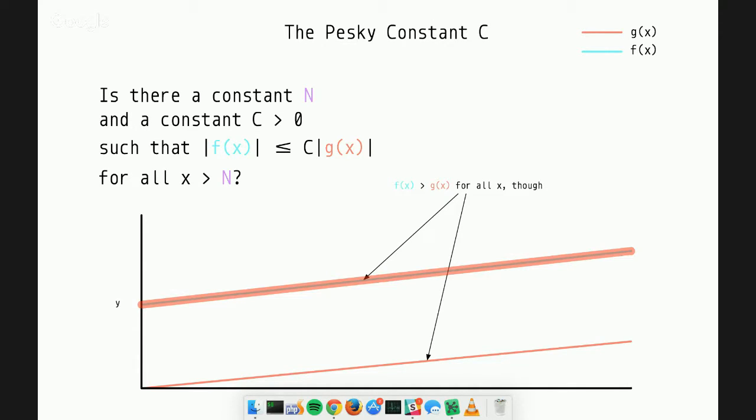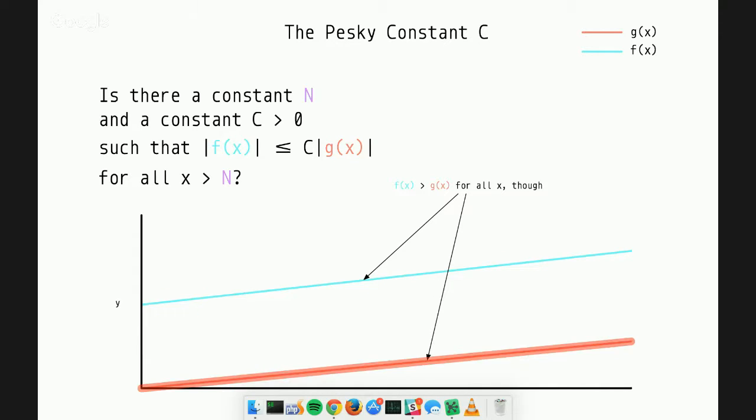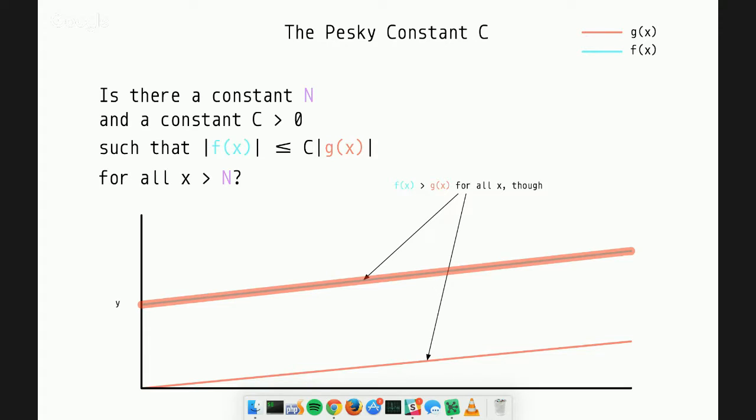But we still want to show that f of x is big O of g of x. But there's no point where these things cross that we can say, okay, f of x is less than g of x for all x past this point. It just isn't true.